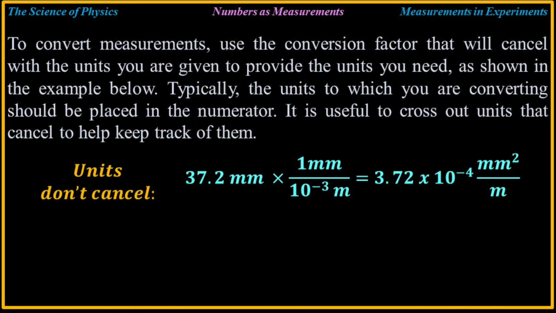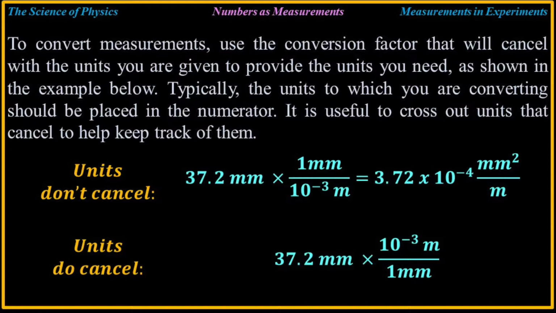So you can see if you want to convert millimeters, you want to divide by millimeters. Otherwise, you get something completely screwy. So you want to put them, in this case, in the denominator. If the units you want to get rid of are in the denominator, then you put it in the opposite. So it's the opposite wherever you're doing it.